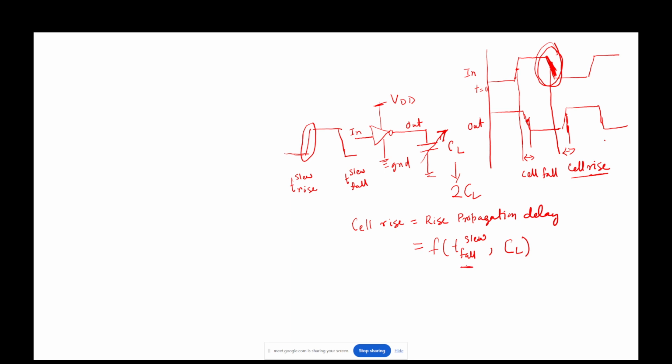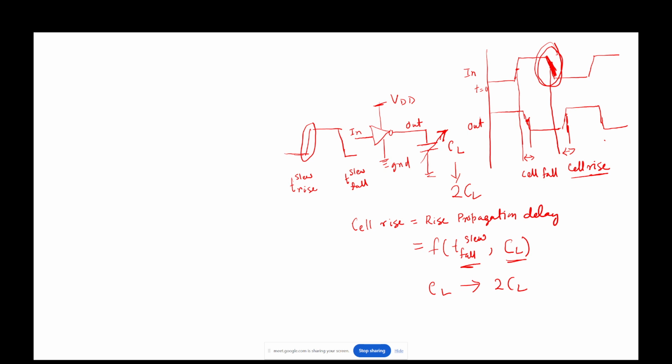So this is clear to everyone. But what about the load? If my load is changing, it will take more time to charge that output load capacitance. If you take more time to charge the capacitance, it means your cell rise will change. If your CL changes, your propagation delay will also increase.